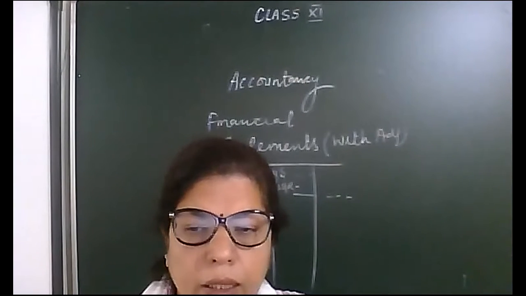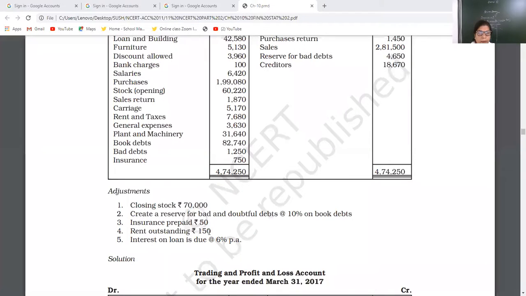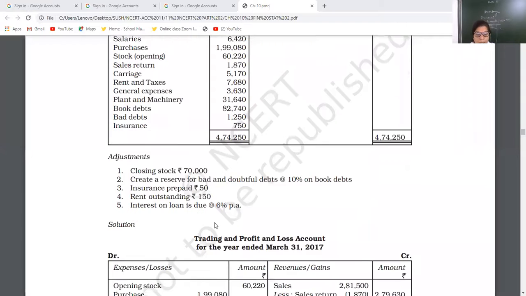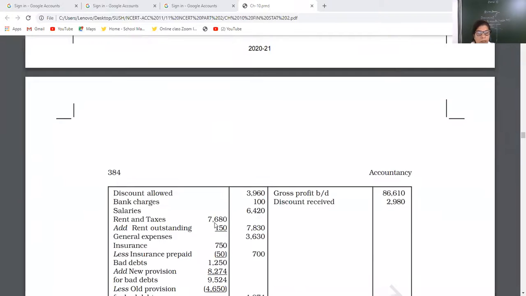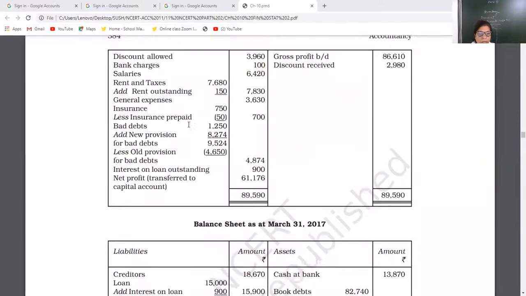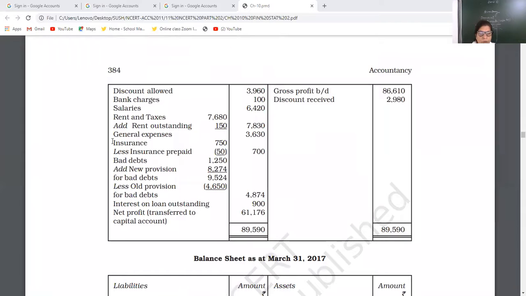Now see, we are on this question and again I am going to tell you, insurance prepaid means minus in debit. See, this is minus in debit side. Now what will we do about this 50?